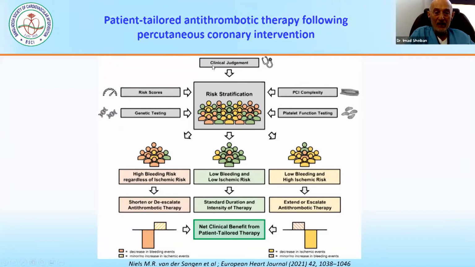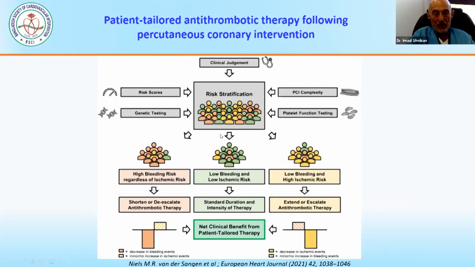Whatever stent we are using will give the same result. Now, again, this comes from how to do it. I mean, to summarize what is coming from trials, starting from clinical judgment, the first step is risk classification, which depends on the complexity of the procedure, the risk scores, and genetic testing and platelet function testing, which sometimes are required and could be done.